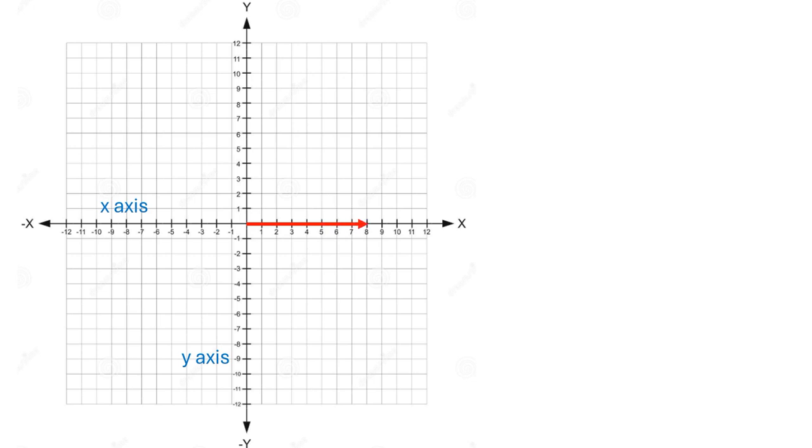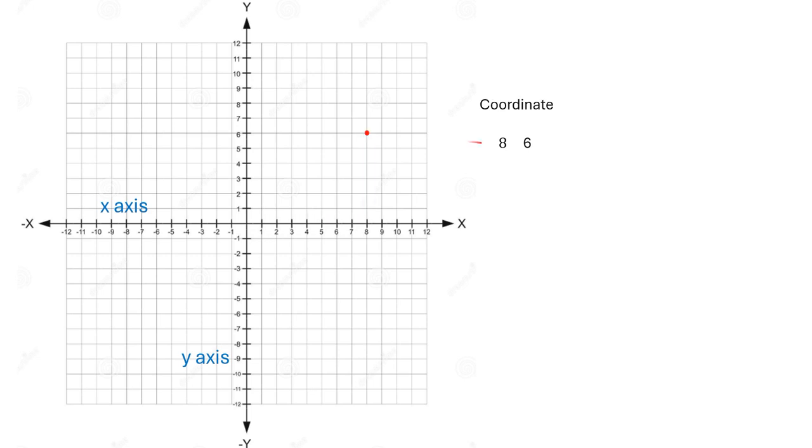Let's move horizontally to the right 8 units, and then move up vertically 6 units. At this point, no pun intended, we'll place a little red dot which we'll refer to as a coordinate. These two values, 8 and 6, help us measure the exact position of this coordinate.